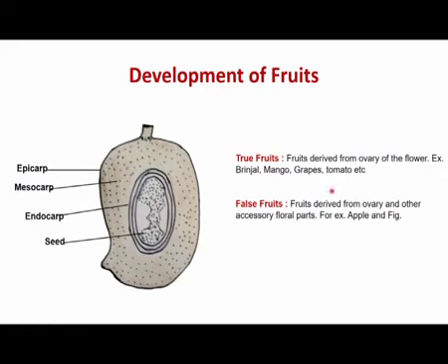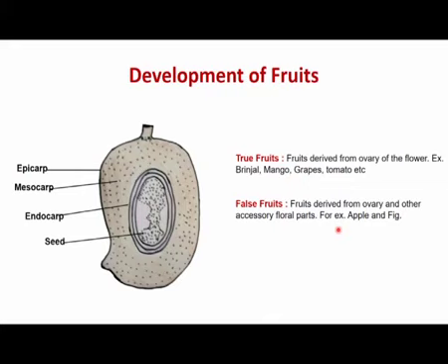Classical examples are brinjal, mango, grapes, tomato, etc. Whereas, in some cases the fruit is derived from the ovary but also contains other accessory floral parts, and these are called false fruits. Examples are apple and fig.